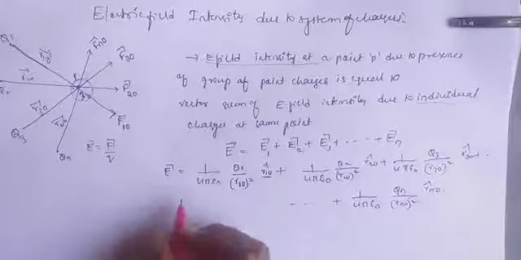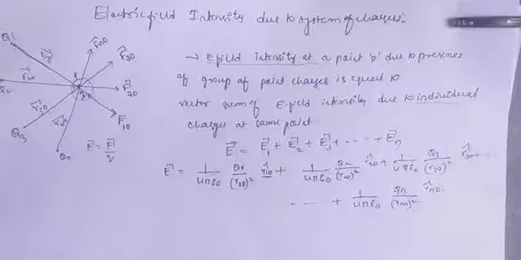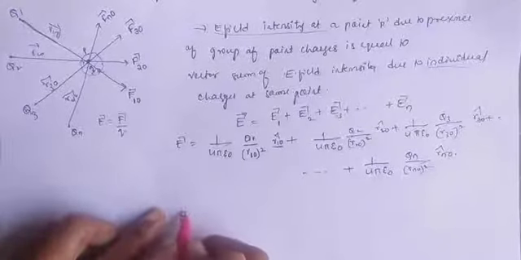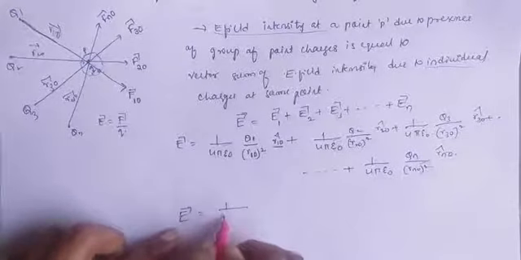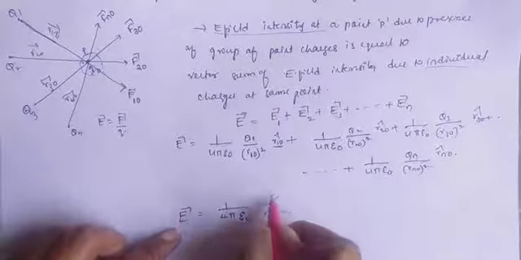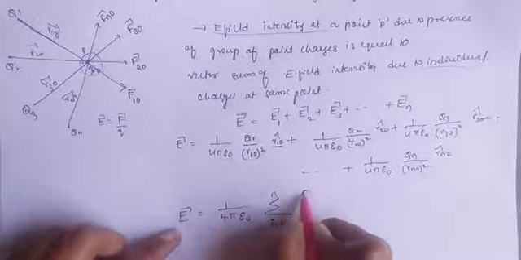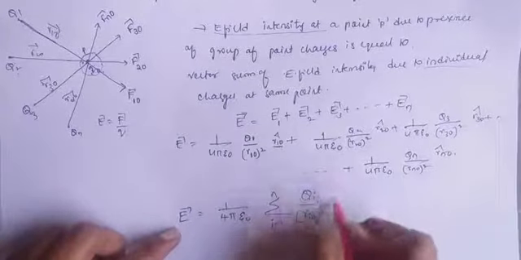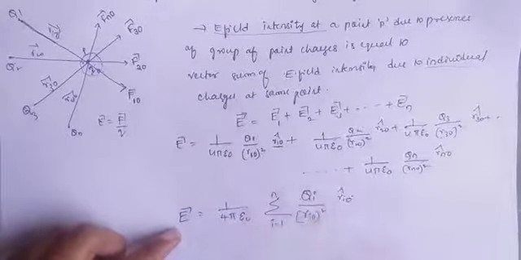Now again we have to use the summation to add all of these. So it is 1 by 4 pi epsilon naught, summation over i equals 1 to n, qi by ri0 whole square, ri0 cap.